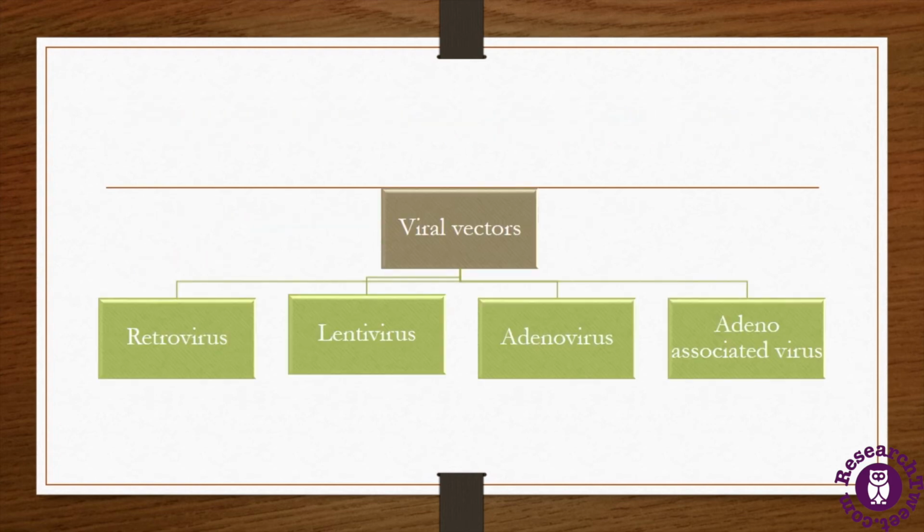Now let's understand the different types of viral vectors which are used as a vector in the process of gene therapy. There are retroviruses, lentiviruses, adenoviruses and adeno-associated viruses. These are different types of viruses which are used as vectors for gene therapies.